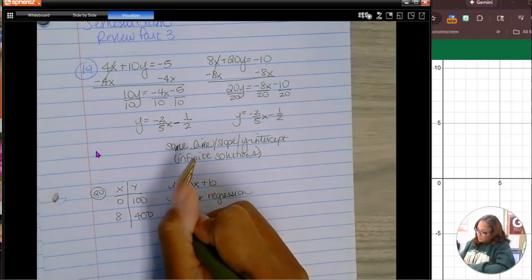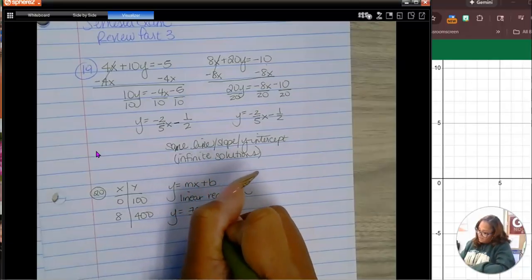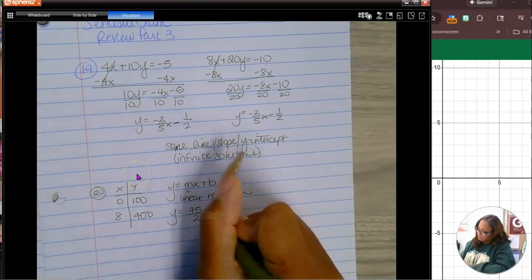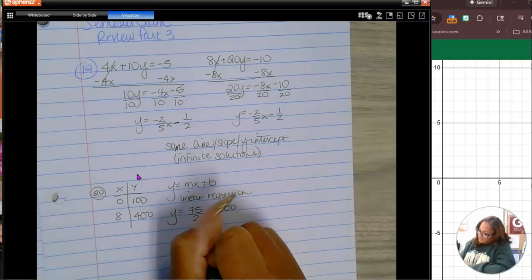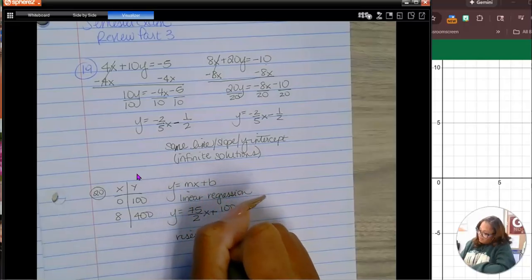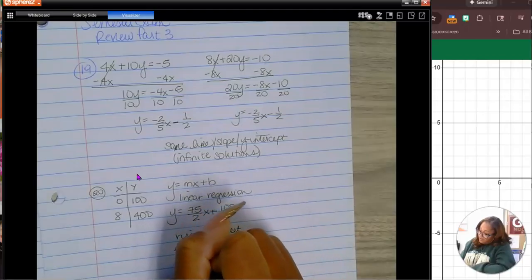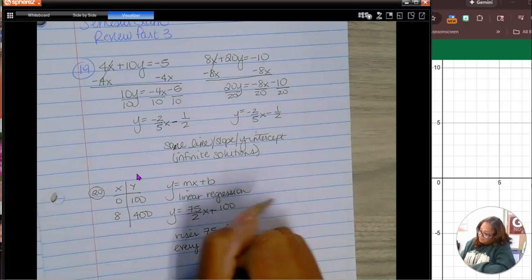So y equals 75 halves x. What was the y-intercept? Oh, plus 100. That means it rises 75 feet every 2 minutes.